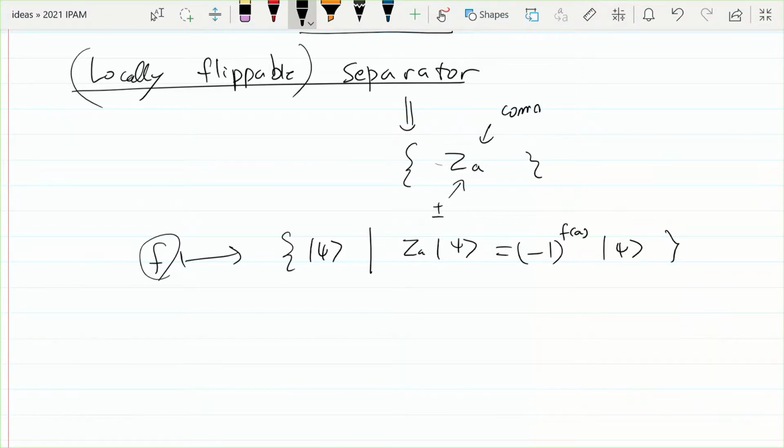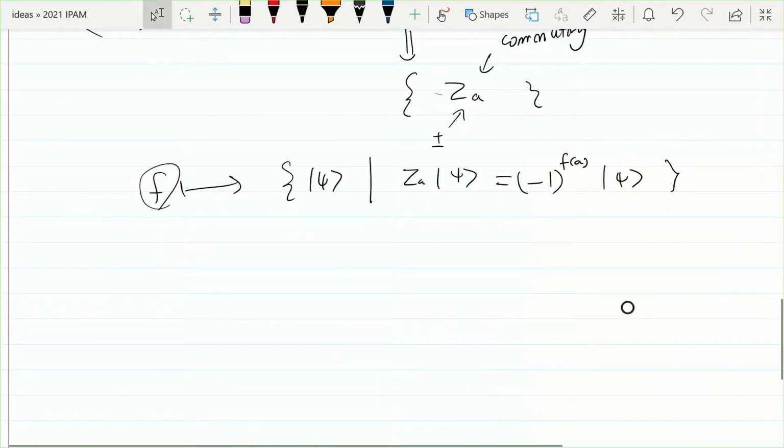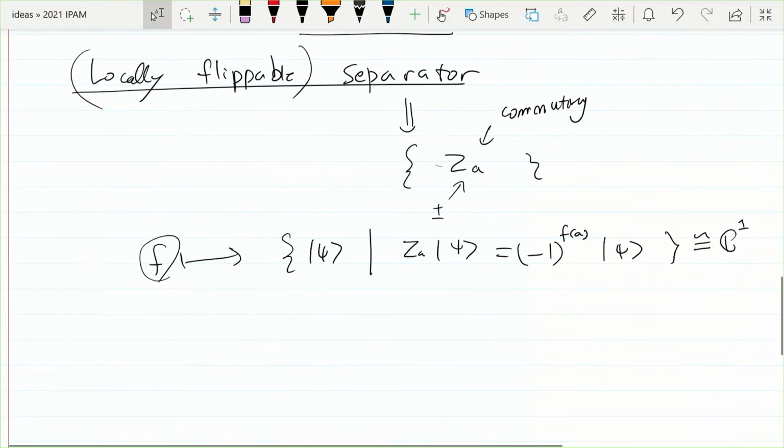It's commuting. Then I demand, by saying that it is a separator, that it has dimension 1. So the name is chosen to reflect this.